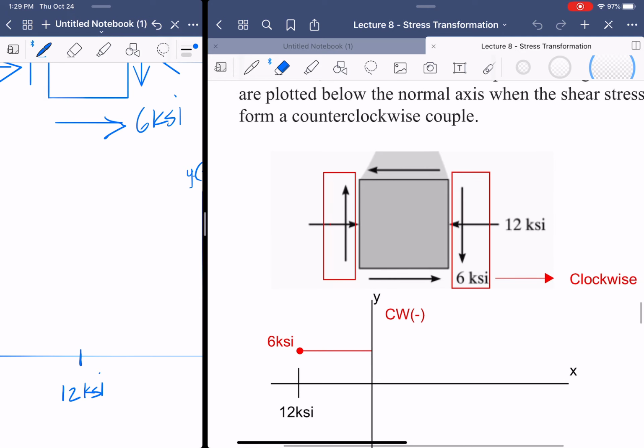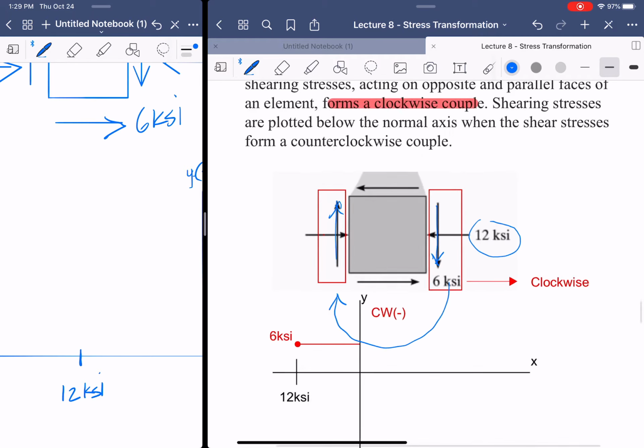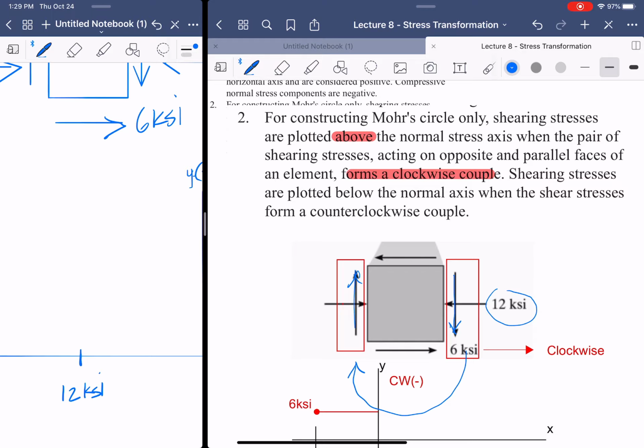So what that means is that for the 12 KSI stress that we have, this forms a clockwise couple, right? So if it's clockwise, it is above. If it is counterclockwise, it is below. Okay, super confusing, right? But it's all in there.